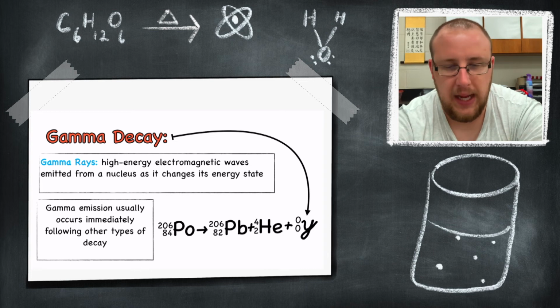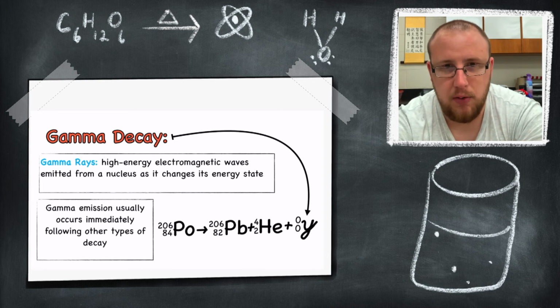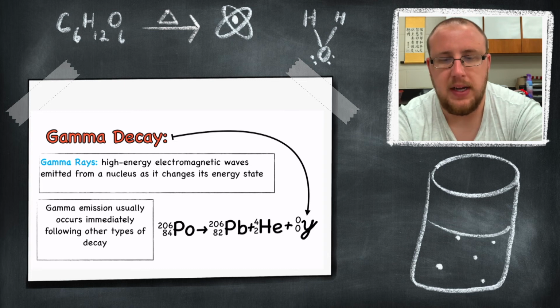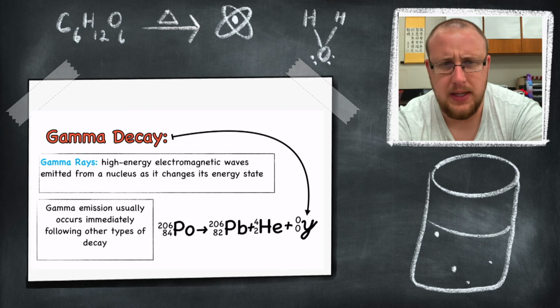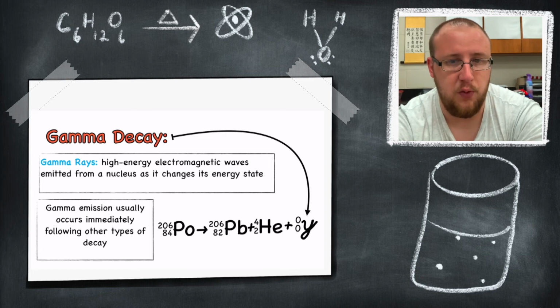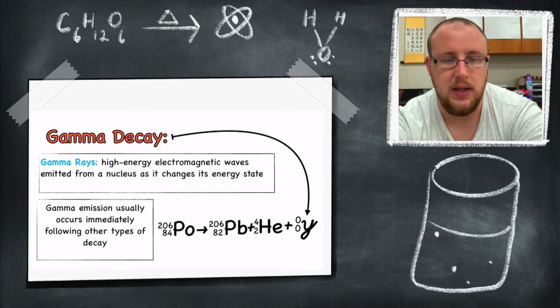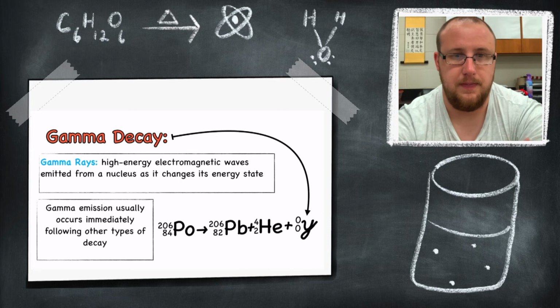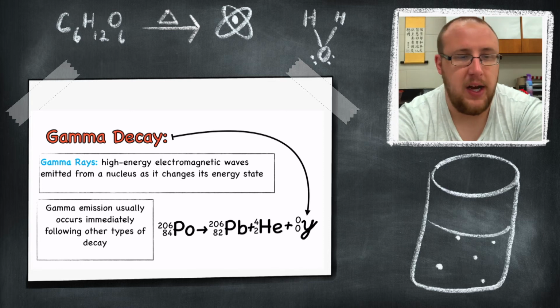Okay, we'd have that, and to be more accurate, we want to show that there was a gamma decay at the end. Okay, so we just put our gamma signal 0, 0. Because it has a 0, 0, it's not going to affect the overall conservation of mass. But it's just stating that, hey, there was some radiation that left the atoms. So now that was the alpha, beta, and gamma decay.